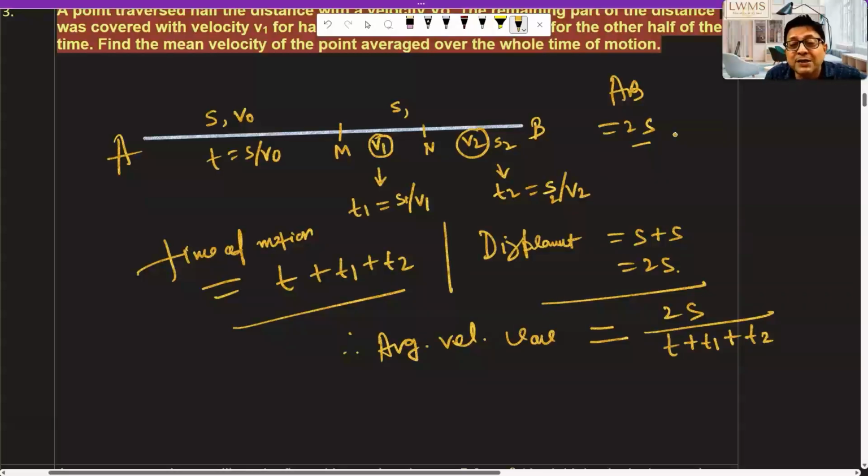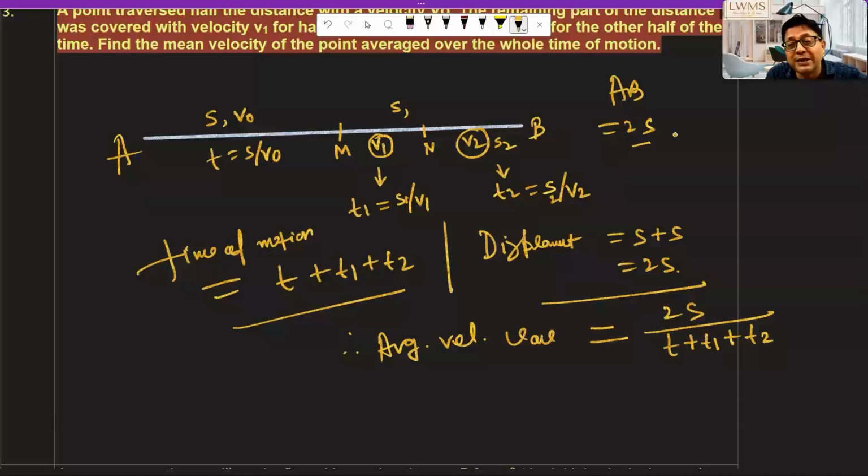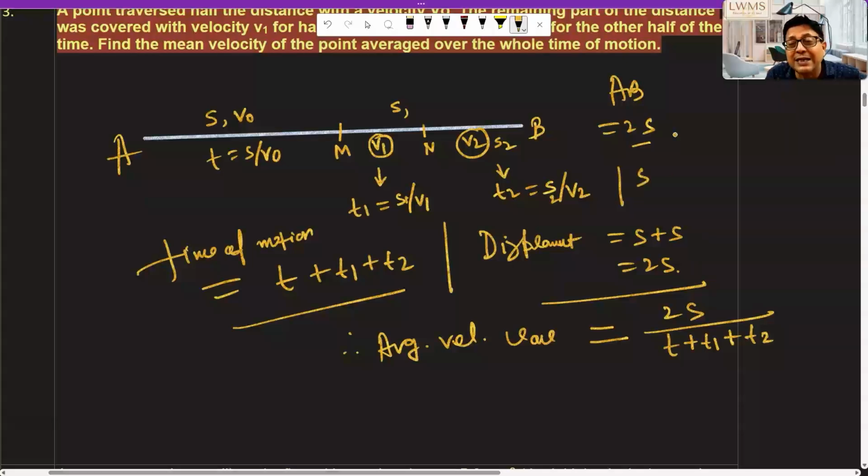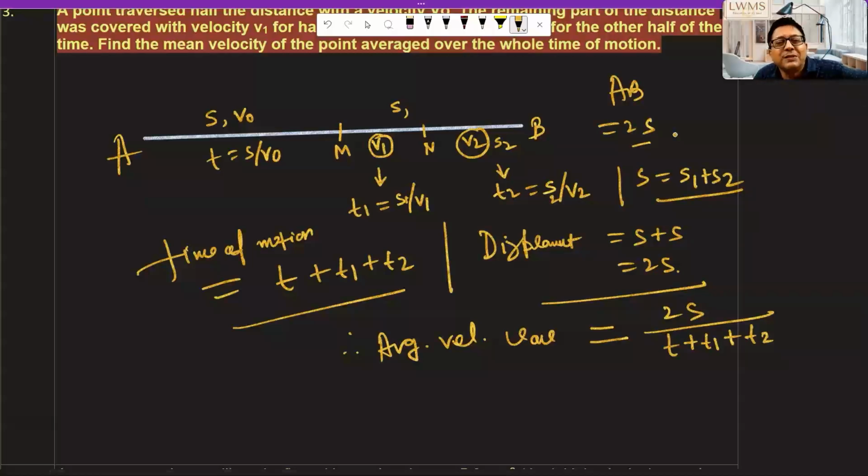So for displacement, s is fine, but the second s equals s1 plus s2. Clear? Now do accordingly.